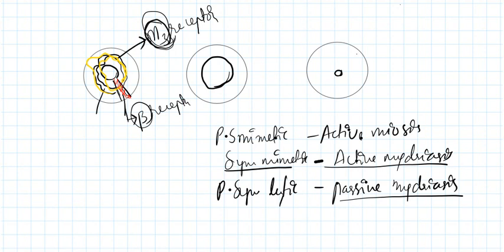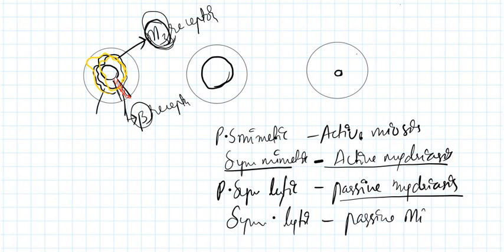And if you ask me about sympatholytics, they cause passive meiosis. But how? These sympatholytics block the beta receptors, because sympatholytics are antiadrenergics. Antiadrenergics block beta receptors or alpha receptors, but the sympatholytics block the beta receptors, causing passive meiosis.